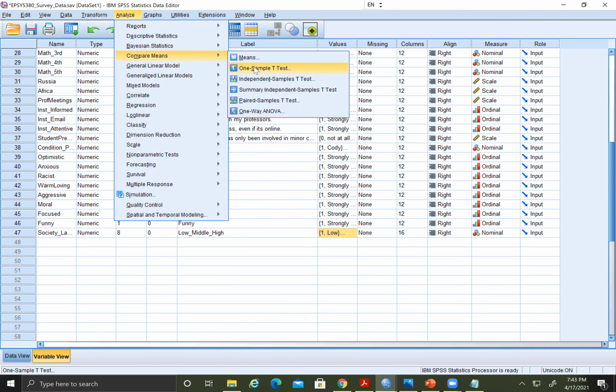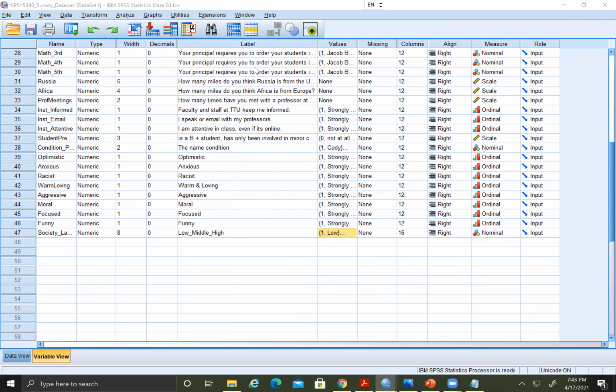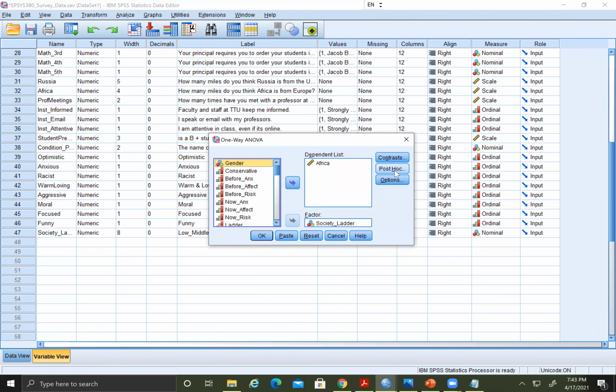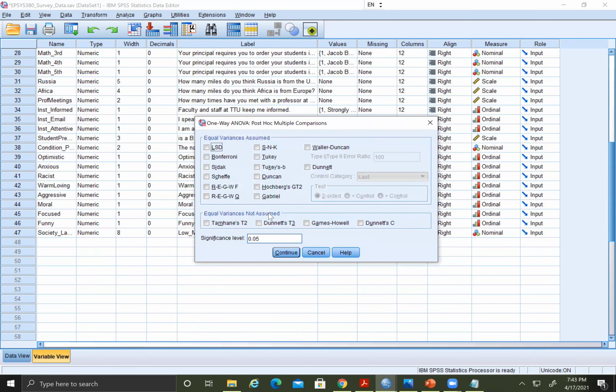Since we see a significant difference, we need to know which groups are different. So I'm just going to repeat this and select the post hoc. Since equal variance is not assumed, we just saw from the homogeneity of variance test that it's not assumed.